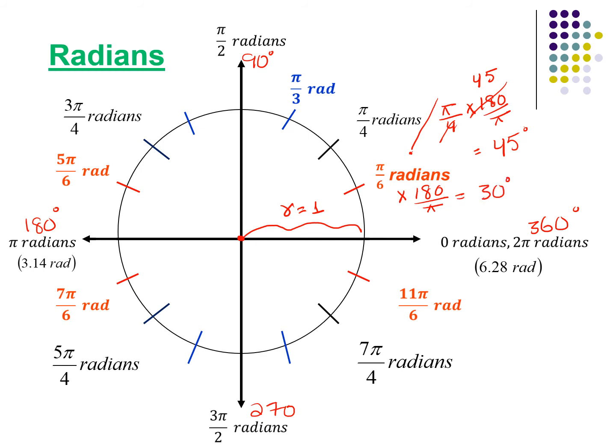Now, they actually divide the unit circle into 3 basic angles: 30 degrees, 45 degrees, and over here 60 degrees. If you convert 60 degrees into radians, you multiply by pi over 180, so it gives you pi over 3, or 1 over 3 pi radians.